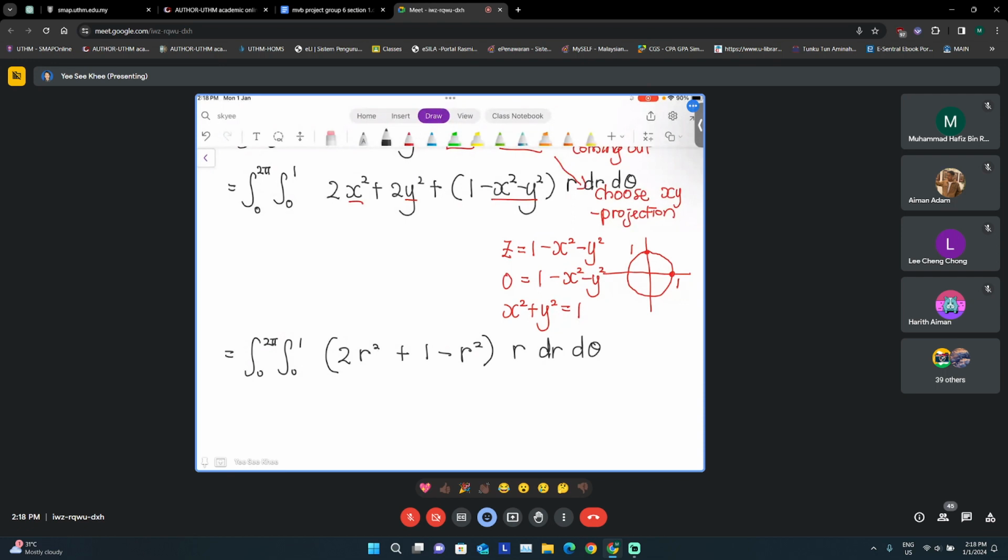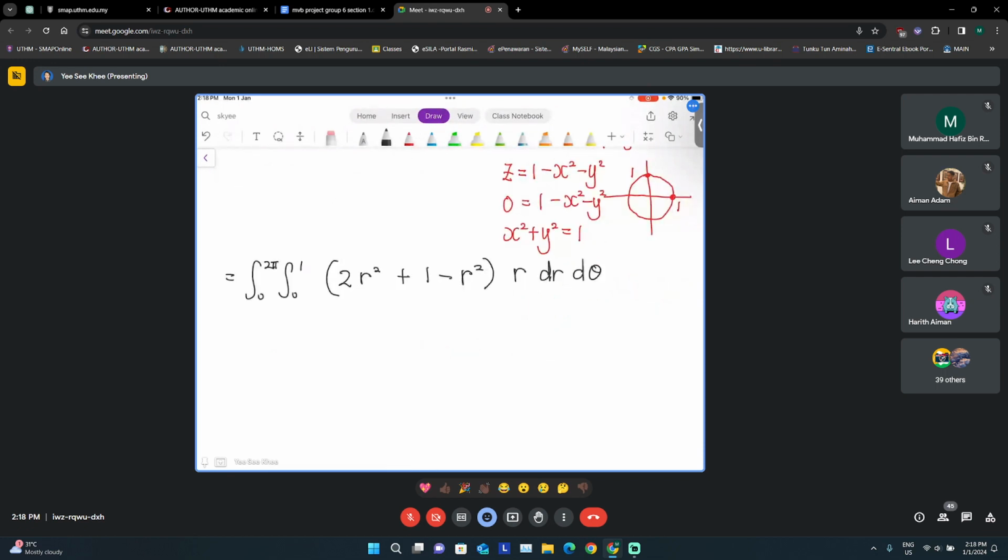You can simplify again before you start to use your calculator. So here it will be equal to r squared plus 1, and r dr d theta. It's up to you whether you want to multiply this thing inside or not.